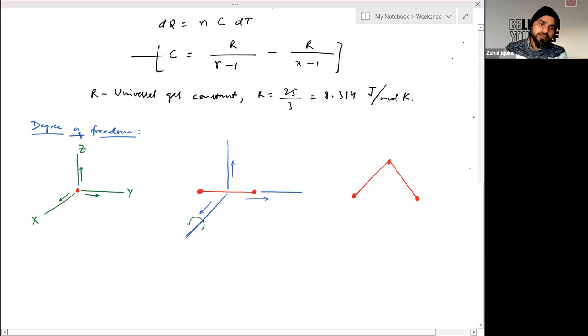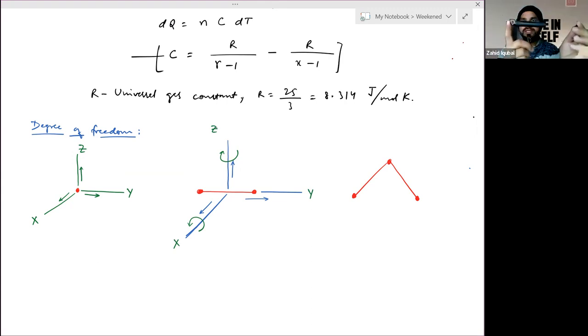It may rotate along this axis, it may rotate along this axis, but there will be no rotation possible along this y-axis. Suppose you have a body like this, you may rotate it along this vertical axis. You may rotate along this horizontal axis, but you can't rotate or define rotation along this axis, since this is a point object for which there will be no rotation possible. Is it clear?